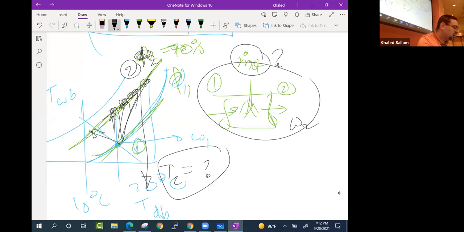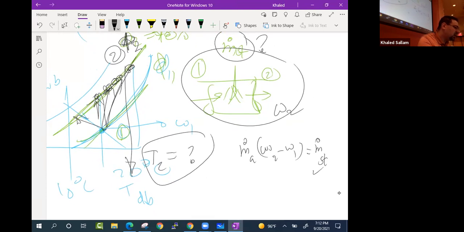Why? Because m dot air multiplied by W2 minus W1 would be m dot steam. And then I get m dot steam from here, and then I do the energy balance, and then I can find out the temperature at the exit, right? Continuity will give me the m dot steam, and the energy equation will give me the temperature at the exit.